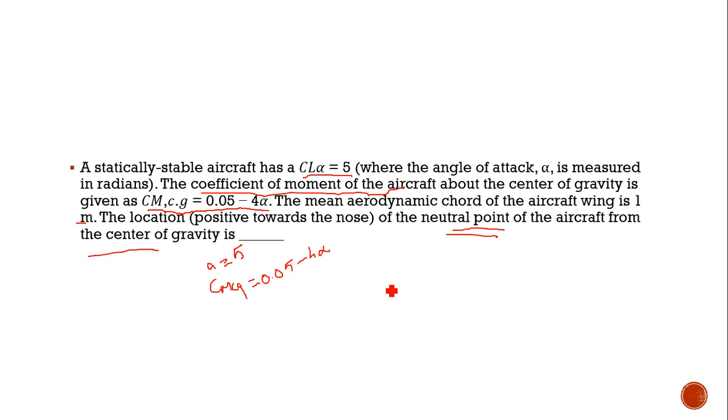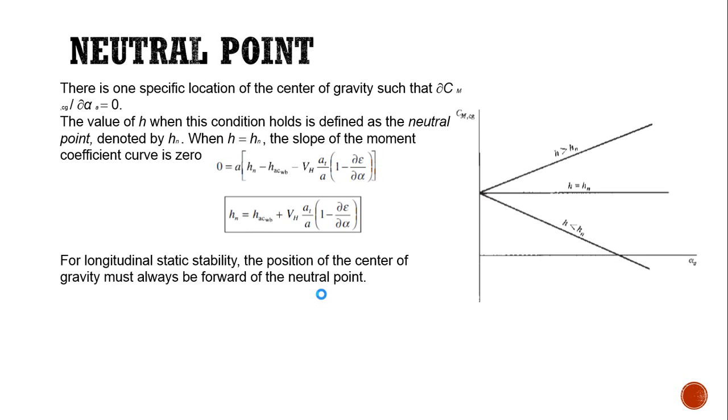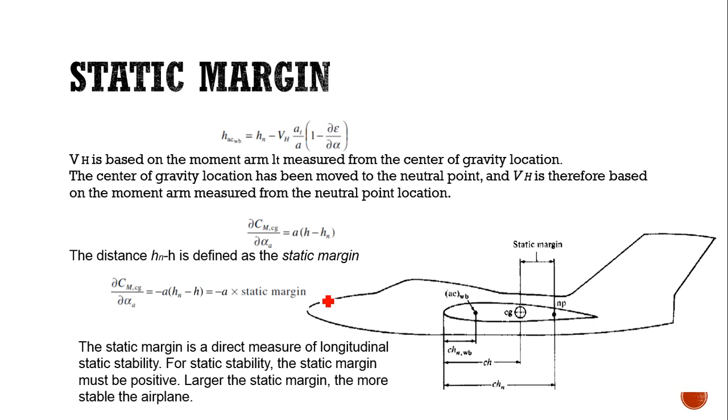Okay, I will write down the formula for static margin. This is the value for static margin. So dou CM_cg divided by dou alpha equal to minus a into static margin. So straight away you can say it is the static margin, no problem.